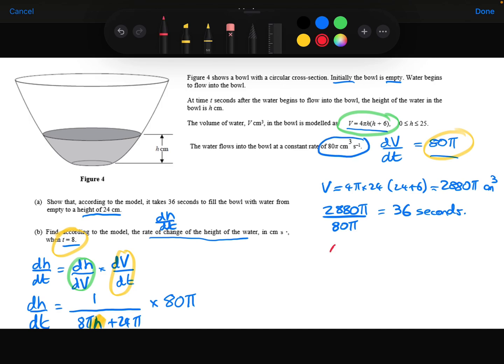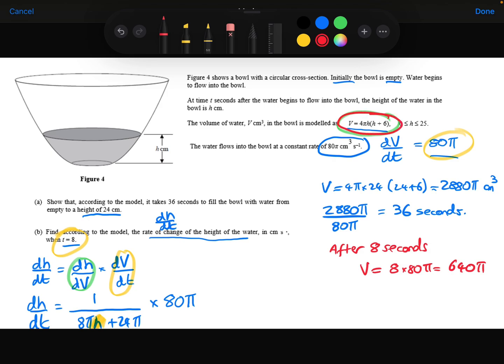So after 8 seconds, the volume is going to be 8 times 80 pi, which is 640 pi. So I know the volume of water is 640 pi after 8 seconds.